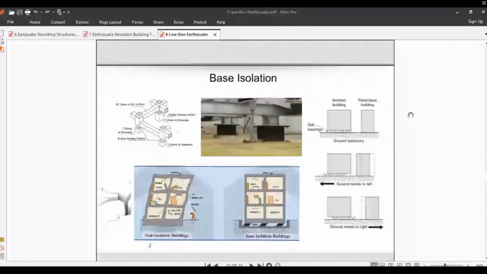Another way to reduce differential settlement in the foundation is to use base isolation in the foundation of buildings to reduce and absorb the earthquake energy.